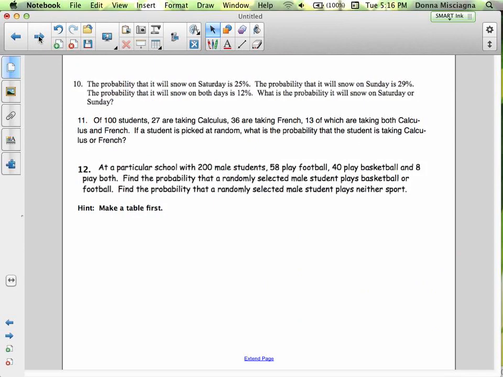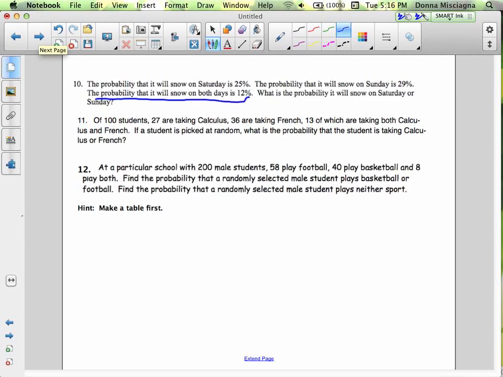I don't know why I read decimals for the other ones. What's the probability it will snow Saturday or Sunday? They're telling you that these are not mutually exclusive. Right? If they were mutually exclusive, they're, well, that is not 0.25 times 0.29. So they're not mutually exclusive.